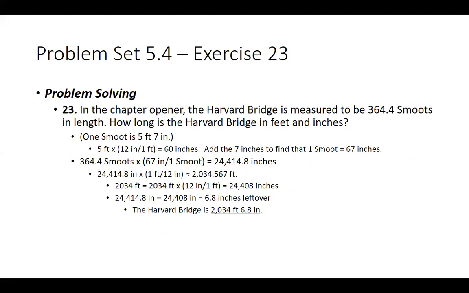So that's what a smoot is. It's 5 foot 7 inches. So we have the Harvard Bridge is measured to be 364.4 smoots, and we want this in feet and inches. So we already have some inches. Let's convert it all to inches.